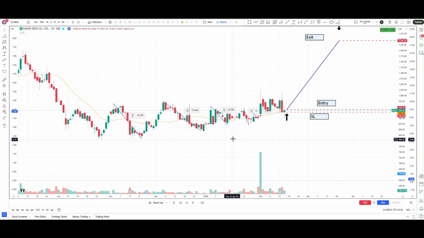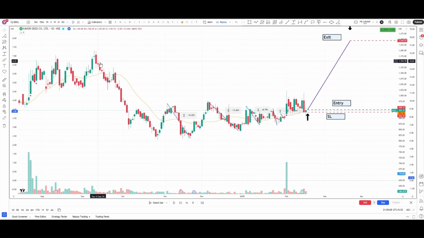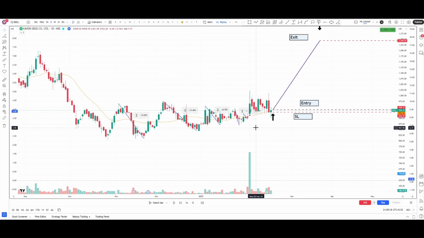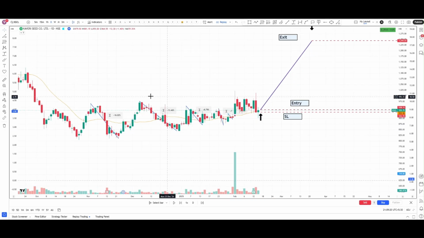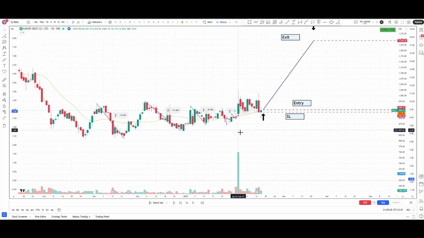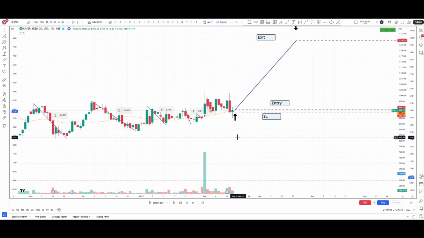So this was the first logic that I noticed. Whenever there is a volatility contraction pattern after a fall, it shows that the stock is getting accumulated by somebody, and this was happening in a bear market. So this caught my attention, and then I started finding other opportunities.